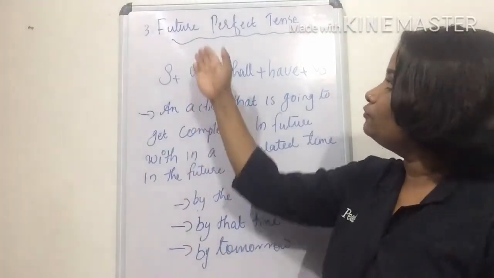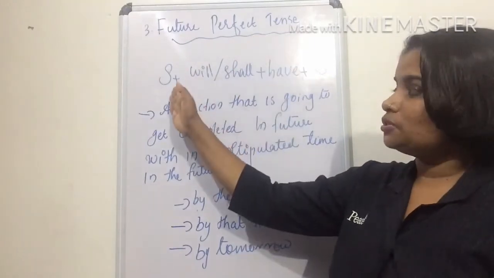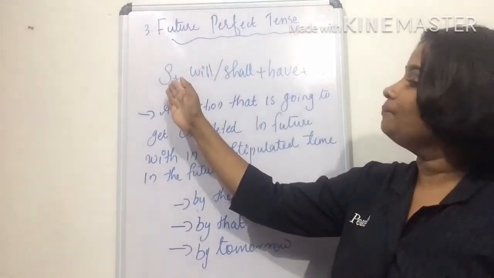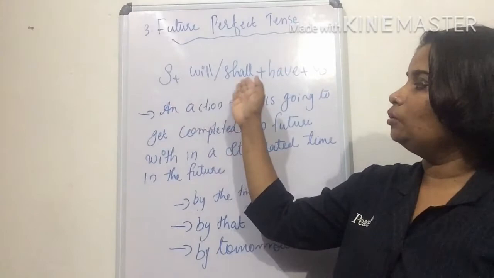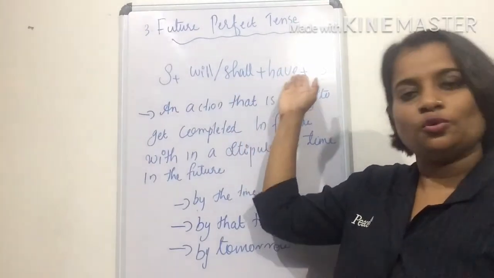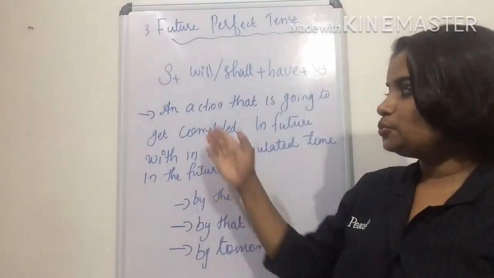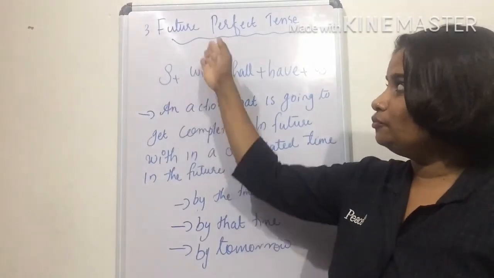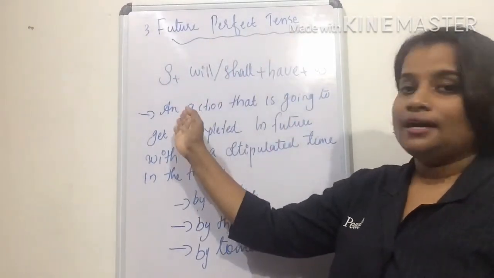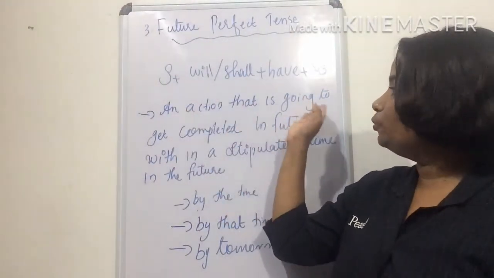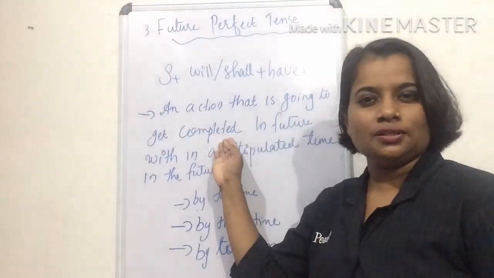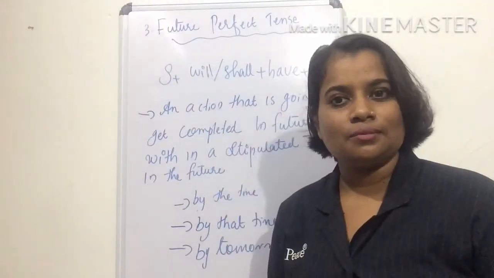Next one is future perfect tense. The structure of future perfect tense is subject will or shall plus have plus V3. The use of future perfect tense is an action that is going to get completed. What is your assignment?